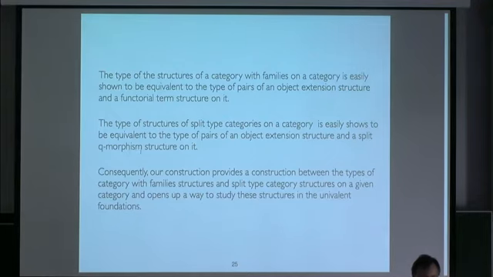And so that equivalence provides an equivalence between types of split CWF structures on a category, and split type category structures on this category. And it opens up a way to study these structures in the univalent foundations.